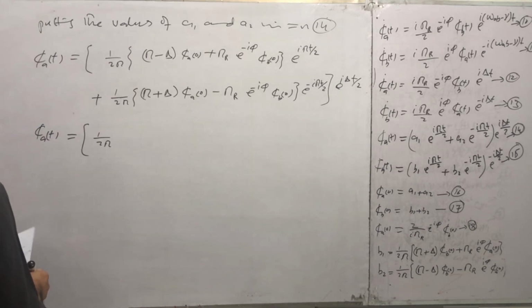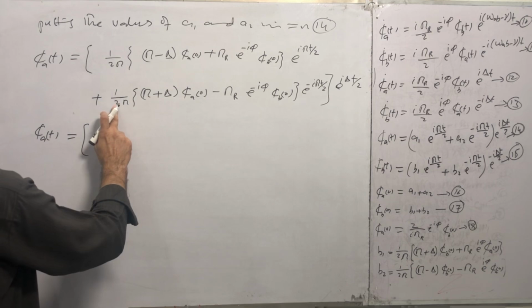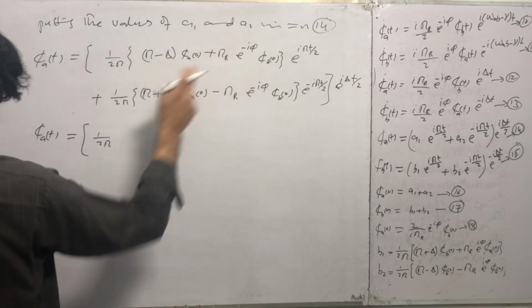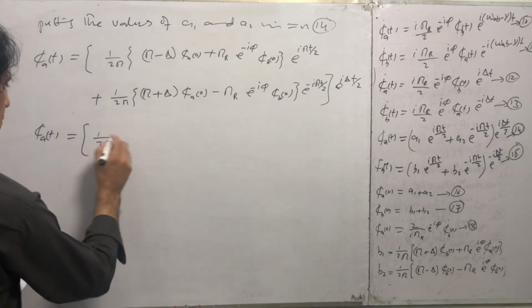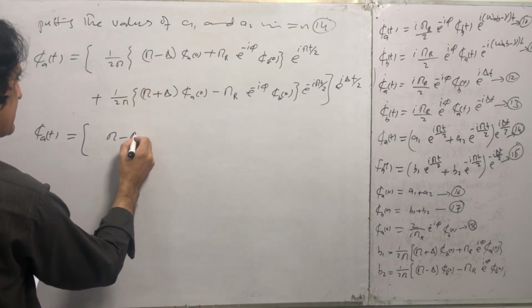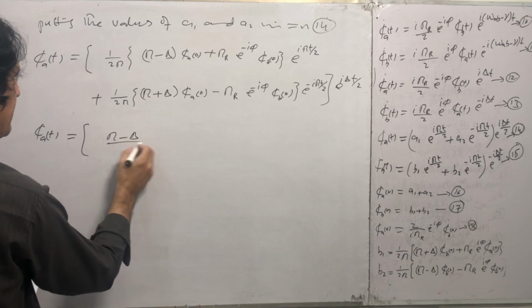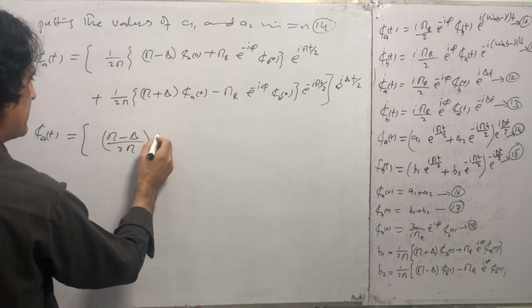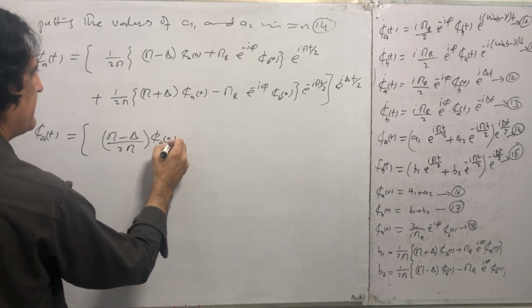So after this, we can multiply this with this and this. This will be equal to omega minus delta divided by 2 omega and Ca of 0.